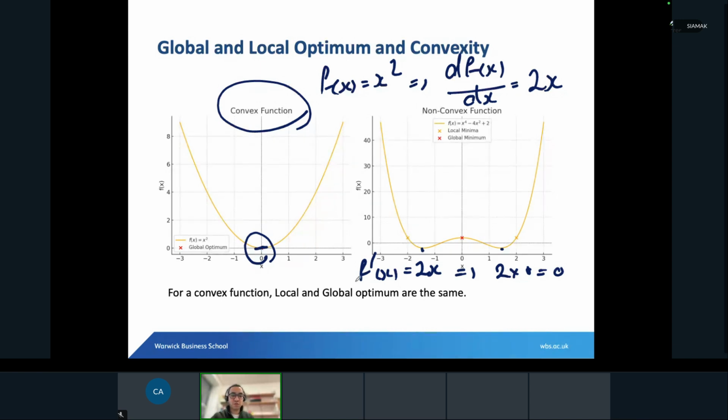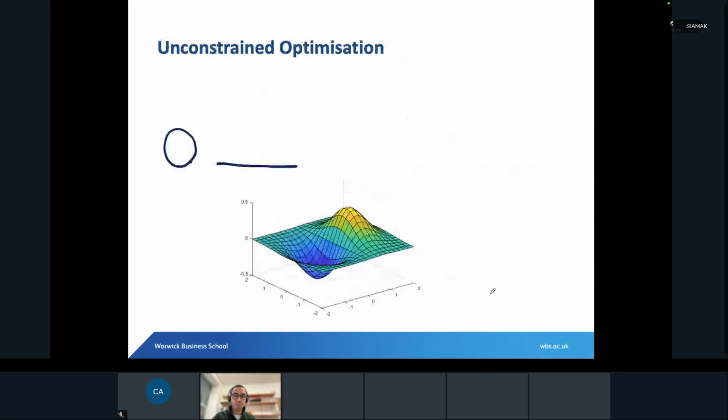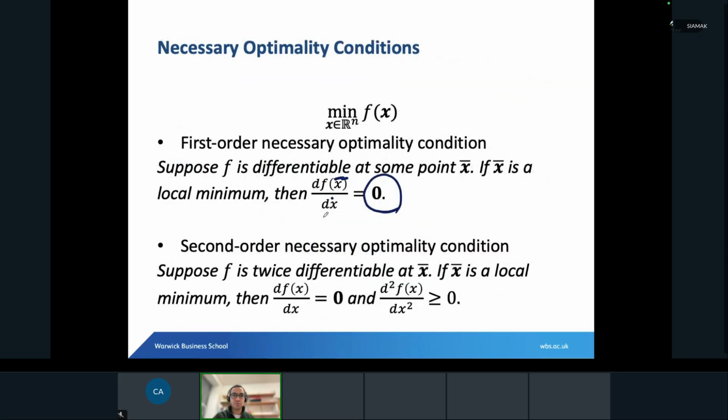The first order necessary optimality condition says that if you take the first derivative, plug in this x bar, and it is equal to 0, then this point is a local minimum. If it is differentiable and the point makes the first derivative equal to 0, then it is a local minimum.